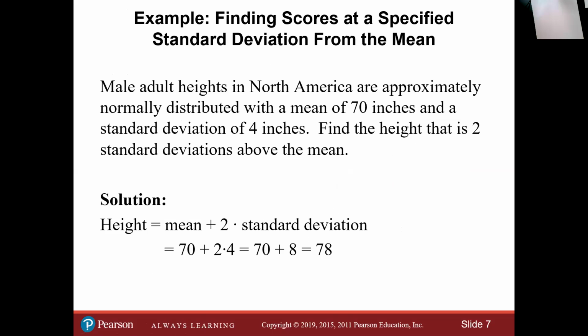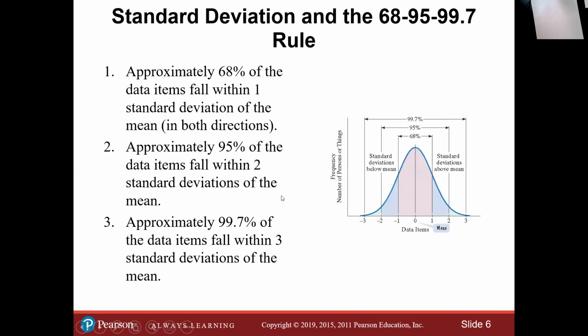So here, heights are approximately normally distributed with a mean of 70 inches and a standard deviation of 4. Find the height that is 2 standard deviations above the mean. The way the text does this is they use this formula, which is fine, but I think it makes more sense to look at the diagram. The mean here in the center is 70 inches.